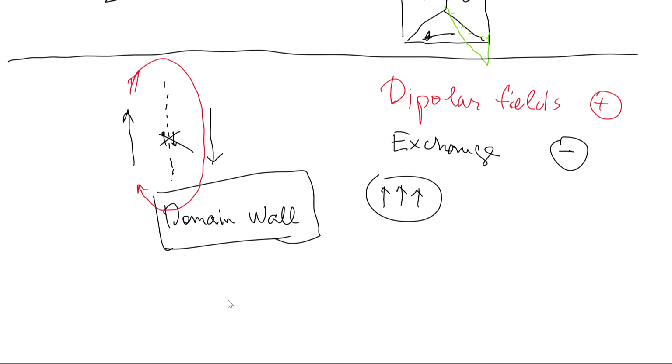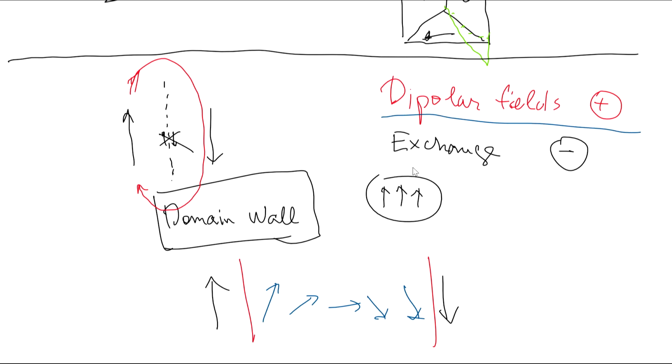In general, you have one magnetic moment here, another magnetic moment there, and there is a gradual change from this to that. So it might be tilting, and finally aligning.